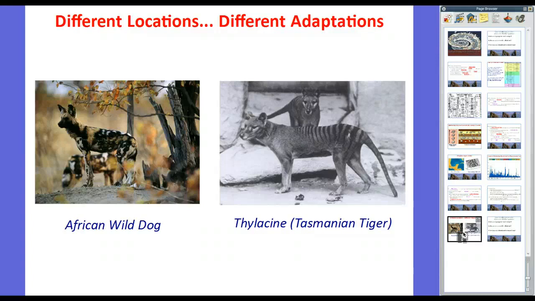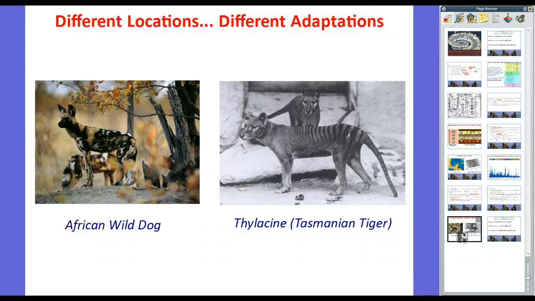These are actually not related at all. The wild dog is a canine, not quite related to dogs, but a distant relative. The thylacine, however, is most closely related to a kangaroo. Now, if we go back in the evolutionary tree far enough, they will have a common mammal ancestor. But the African wild dog, of course, is in Africa.